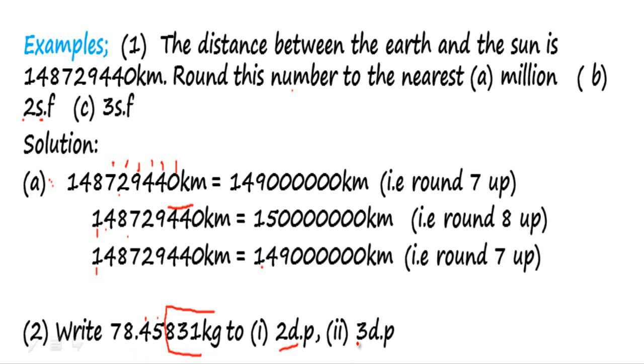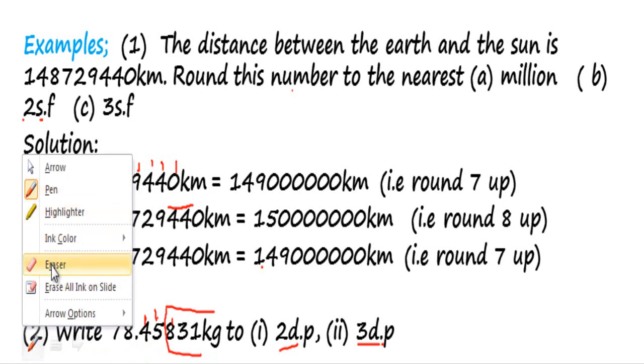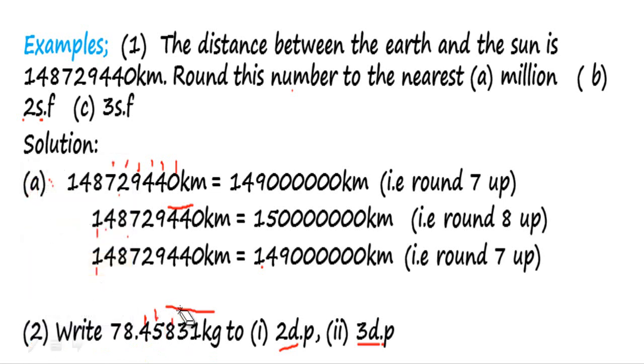If you are rounding up to 3 decimal places, you are going to start immediately after the decimal point. 1, 2, 3. Are you following? Let me clear this so that you get it. Now, Roman figure 2. Now you are rounding this up to 3 decimal places.